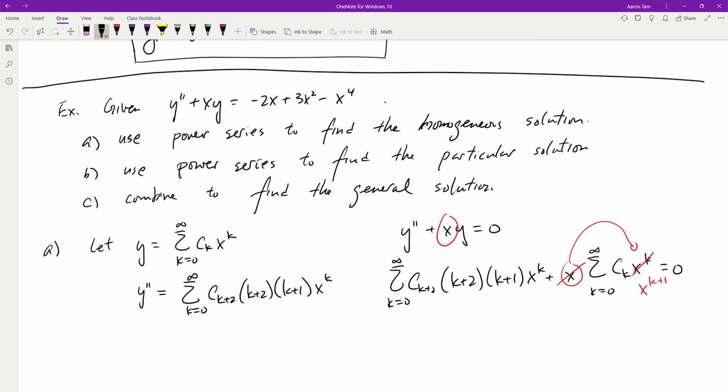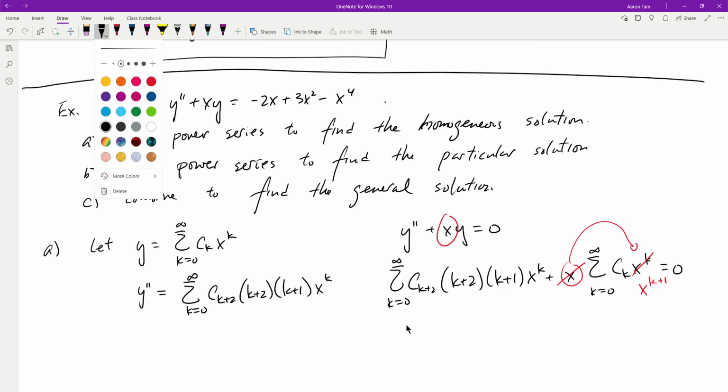So now that becomes a problem because I have a mismatch in our exponents. So how do I fix it? One way to fix it is, once again, by reindexing. So how do I reindex this? Let me show you.